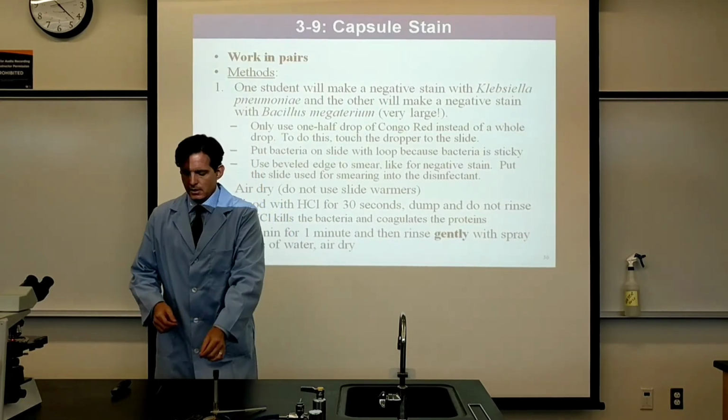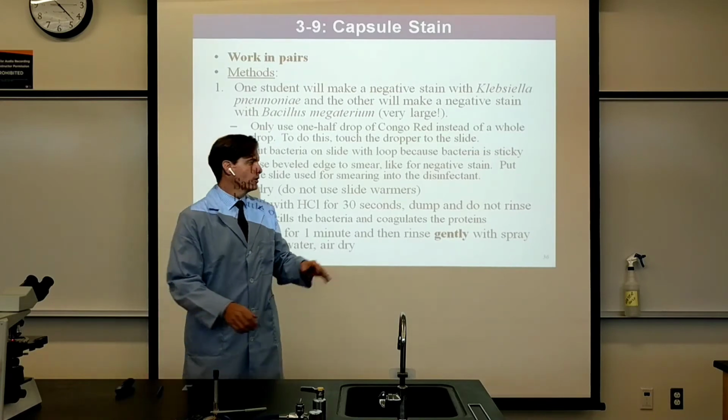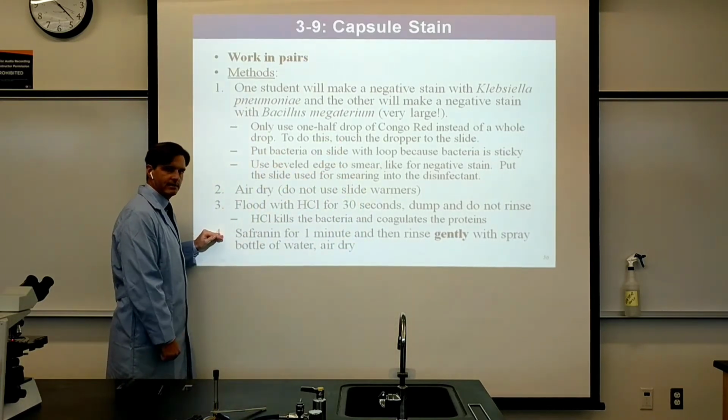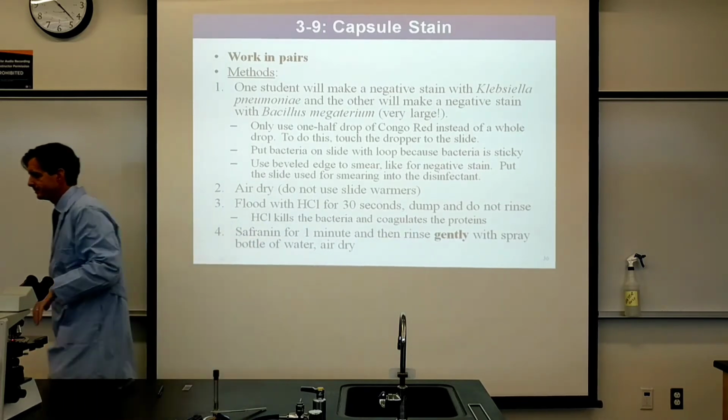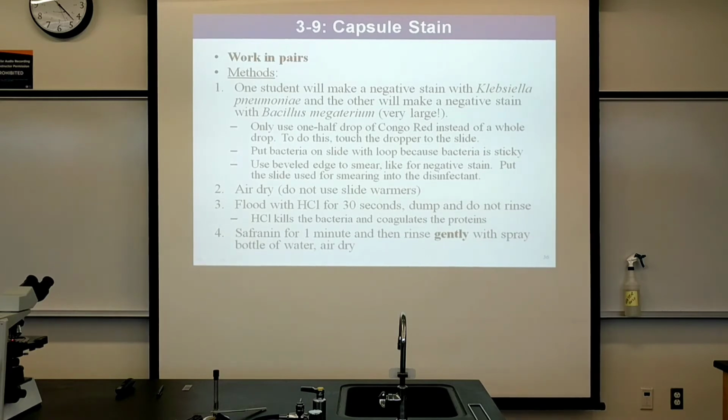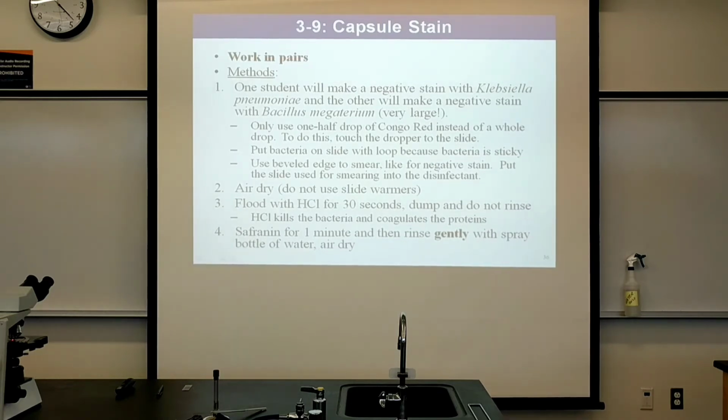So I will pause it, and then I'll show you a close-up of how to take care of the rest of the steps remaining here. I'm going to be gathering up these other chemicals like hydrochloric acid and safranin.